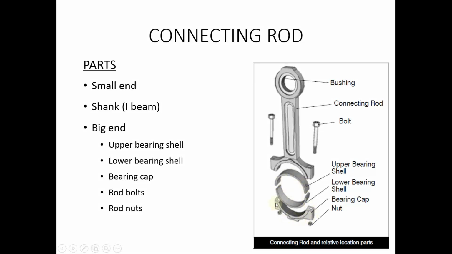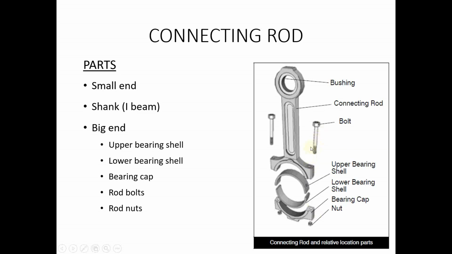The lower portion of the connecting rod, we call the bearing cap or the connecting rod cap, and we secure the upper portion and the lower cap by means of a two bolt and nut arrangement.